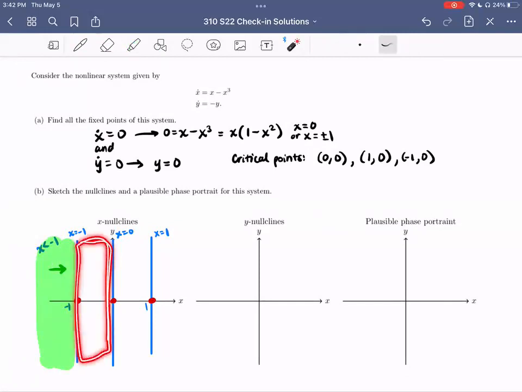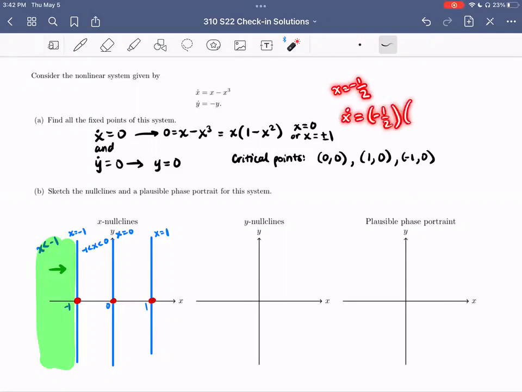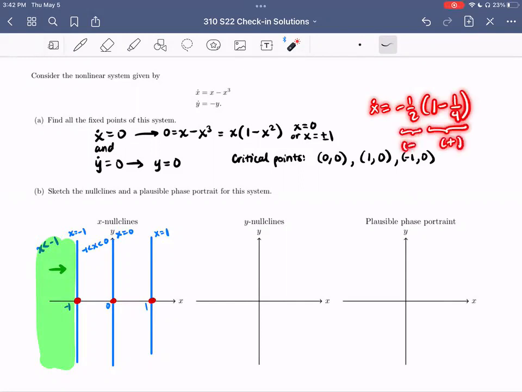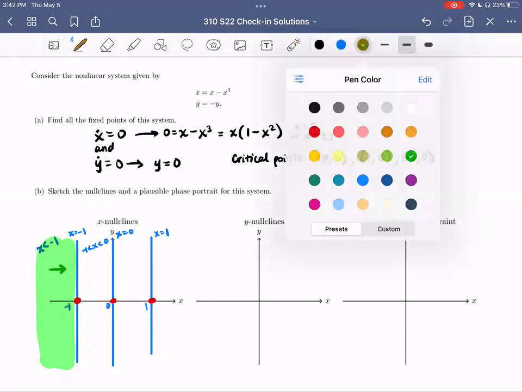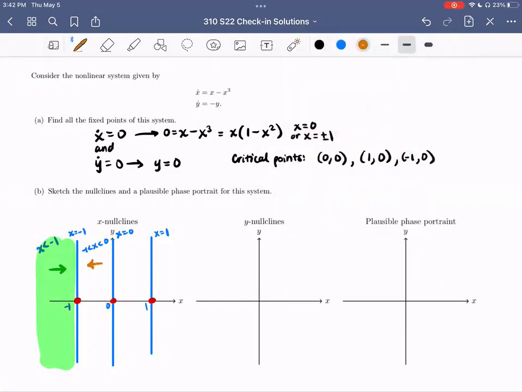Then we can test a point in this region when x is between negative 1 and 0, say when x equals negative 1/2, then x dot would be negative 1/2 times 1 minus 1/4. This term is positive. This is negative. So I have a negative value here, meaning that my trajectories are moving to the left in this region. So in this entire region here, my trajectories are moving left.